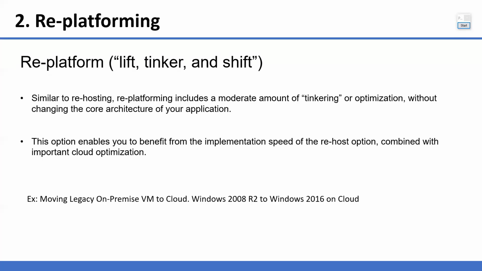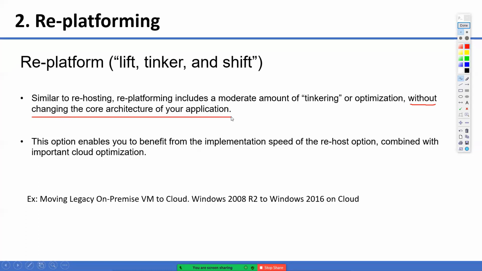You are doing some modifications or optimizations in your existing applications. For example, instead of using on-premise SQL Server, you can connect to a cloud-based SQL Server. This option enables you to benefit from the implementation speed of rehosting combined with cloud optimization.